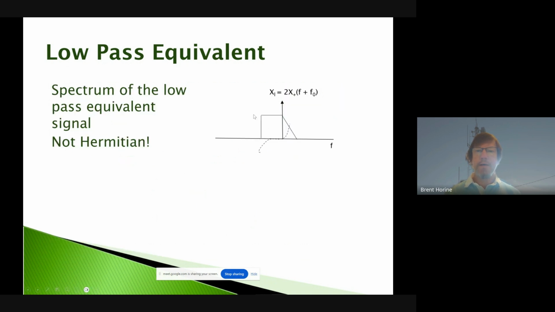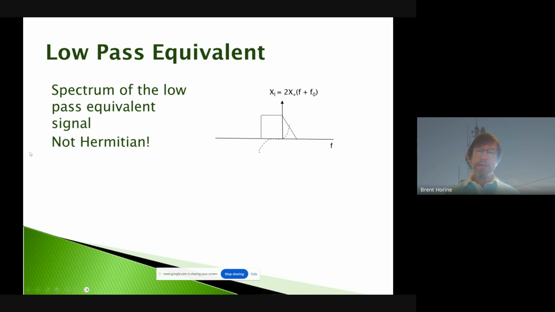So this x_l, lowercase l for low pass equivalent, is equal to 2 times x plus of f plus this f0, where f0 would be the central frequency of the original bandpass. Okay, so this is the spectrum of the low pass equivalent of that bandpass type signal.